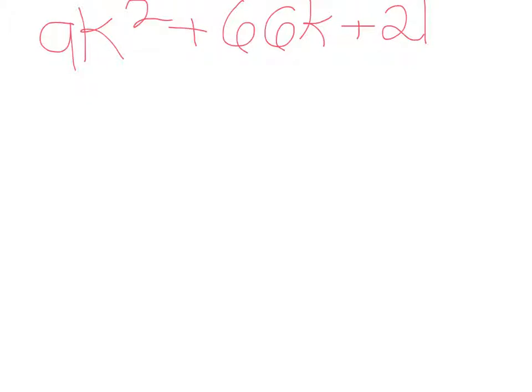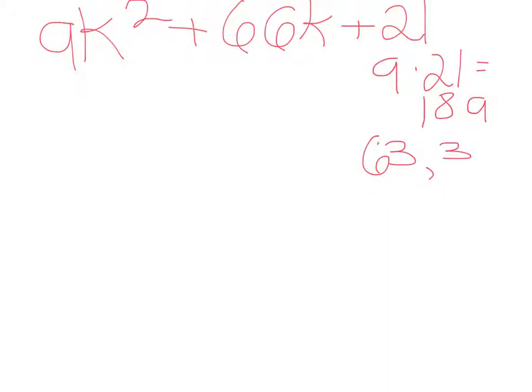So it's 189, and then I'm trying to find two numbers that if I multiply them, it would give me 189, and if I add them up, it will give me 66. So these two numbers, 63 and 3.